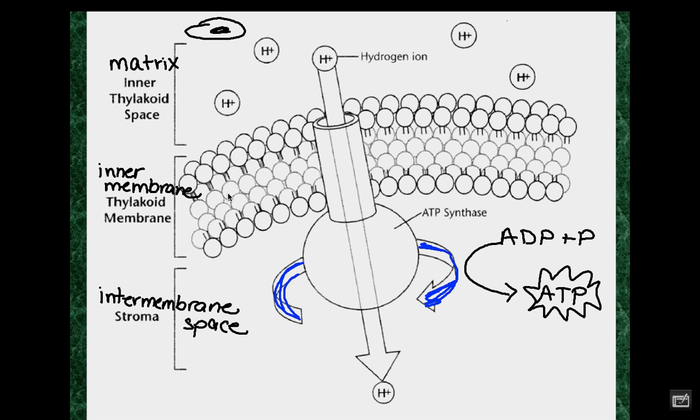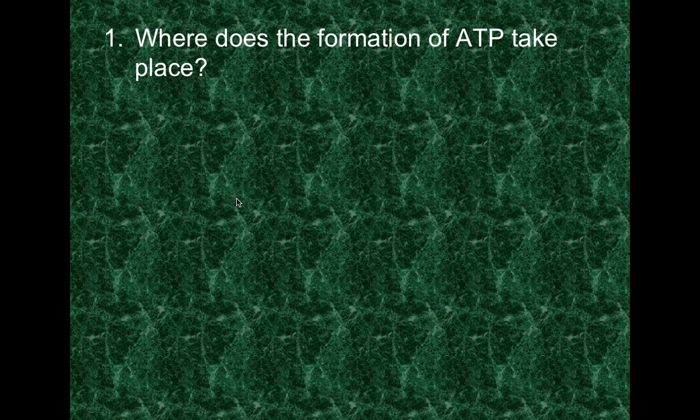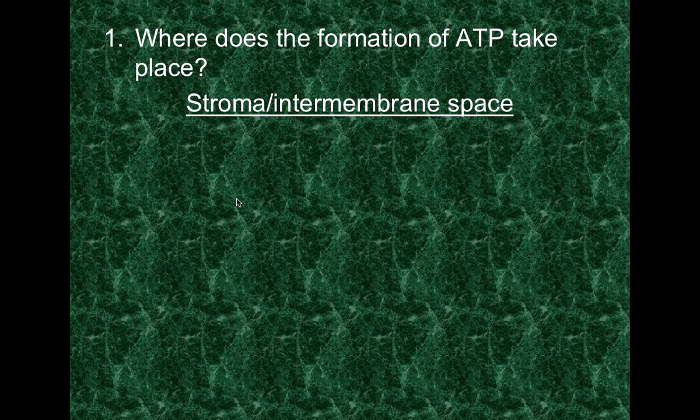That's what's happening. Okay, question with that one. Where does the formation of ATP take place? In the stroma, or if we're talking mitochondria, in the intermembrane space.